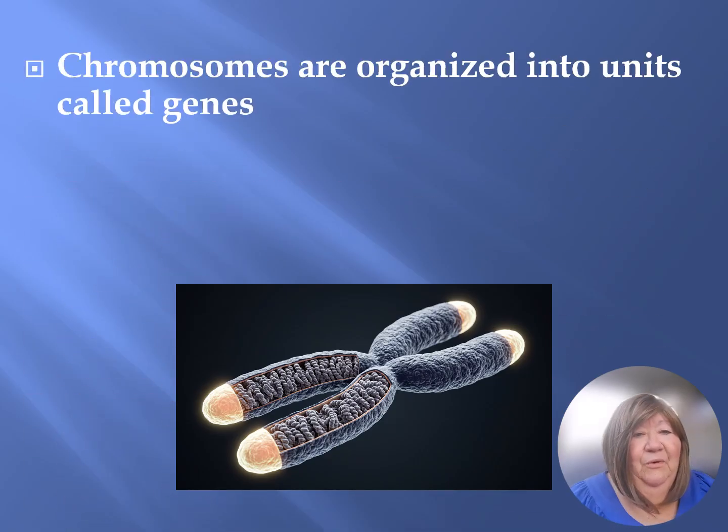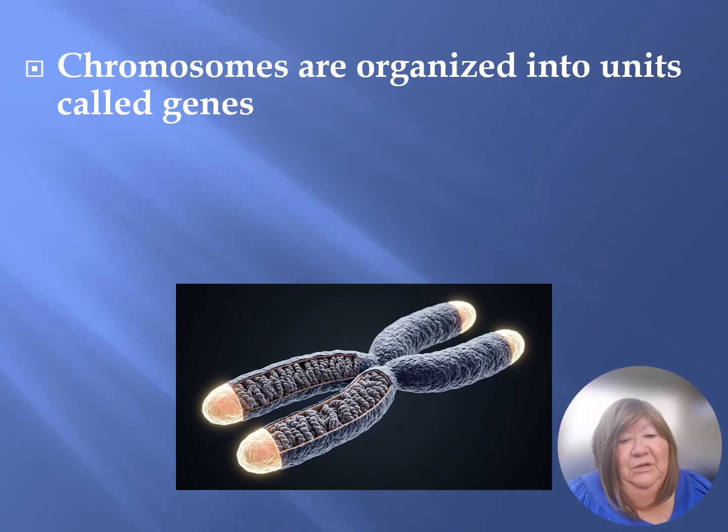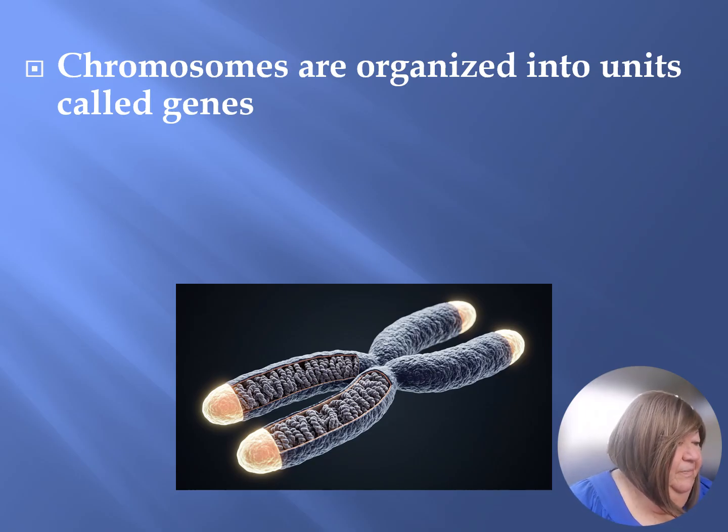Chromosomes are organized into units called genes. You can see the picture, and that's a picture taken from an electron microscope. I imagine AI has a lot to do with that. Genes are specific, like nucleotides and things like that.